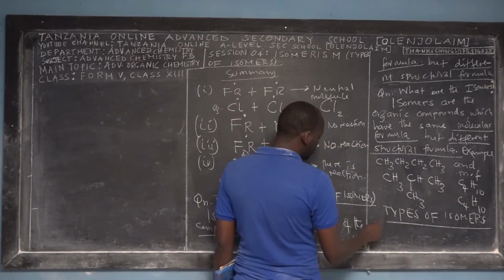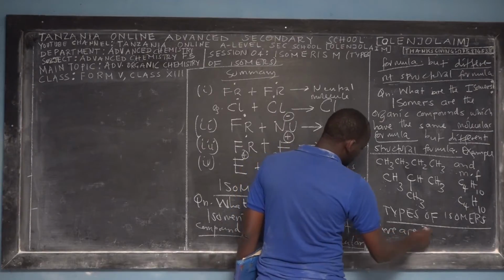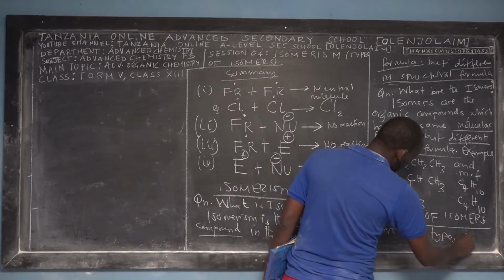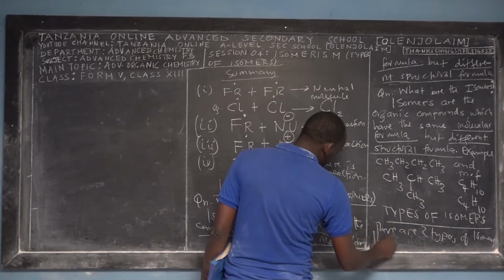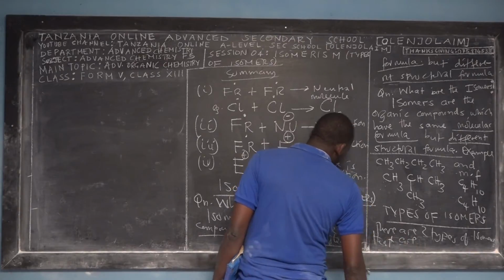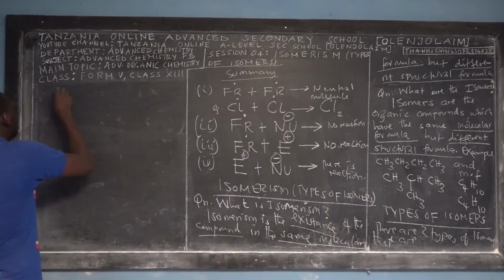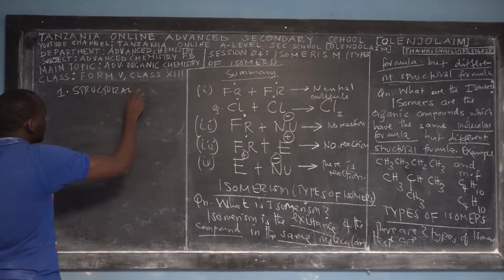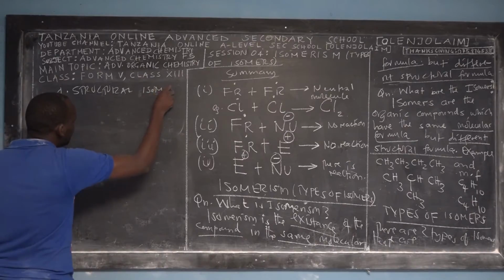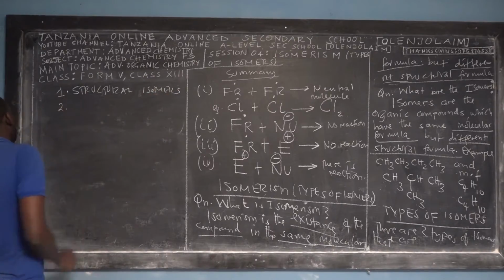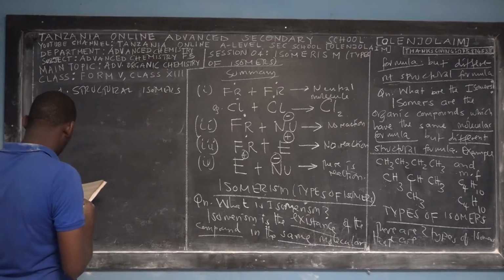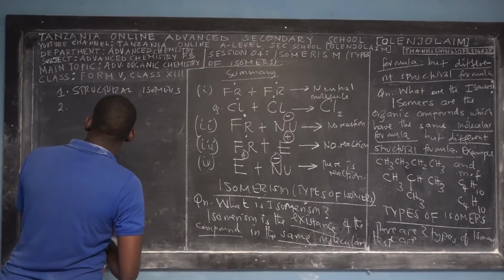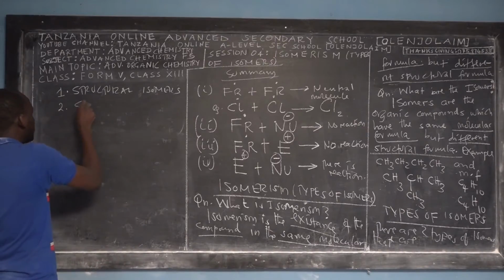So there are two types of isomers. Number 1 is called structural isomers, or constitutional isomers, and the second one is called geometrical isomers, or stereoisomers. This one we call stereoisomers.